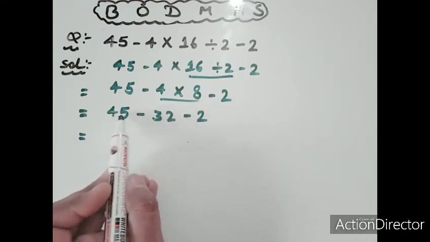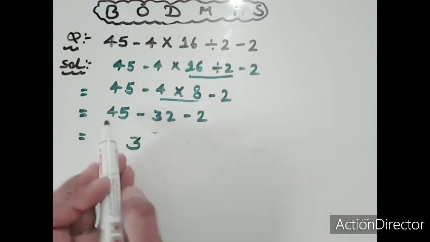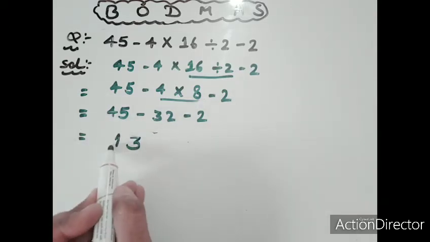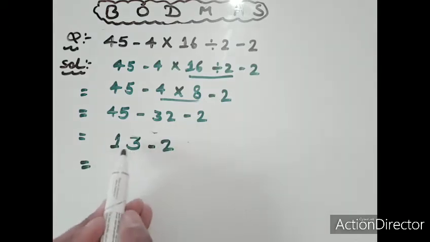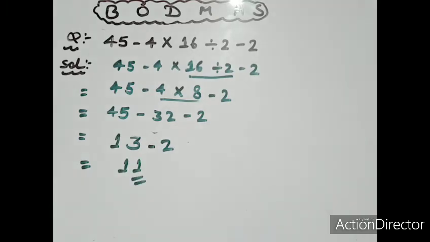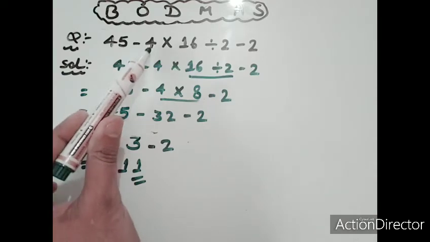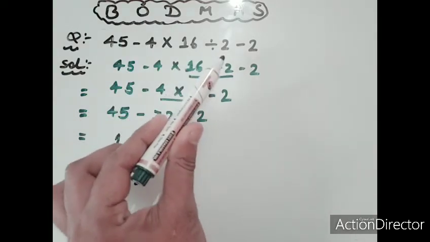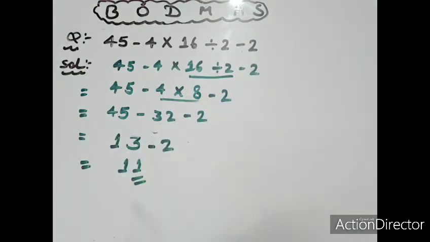We subtract 45 minus 32. We get 5 minus 2, 3, and 4 minus 3, 1. And we write minus 2 as it is. Now 13 minus 2, 11. So when we solve this question, 45 minus 4 multiply by 16 divide by 2 minus 2, we get 11 as the answer.